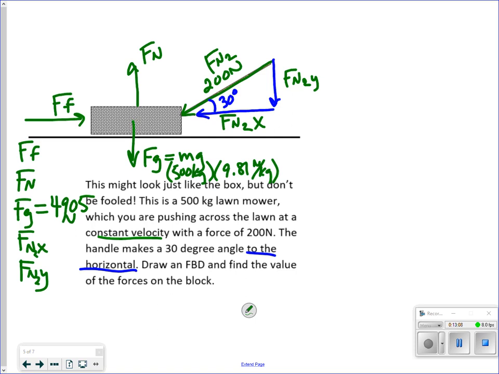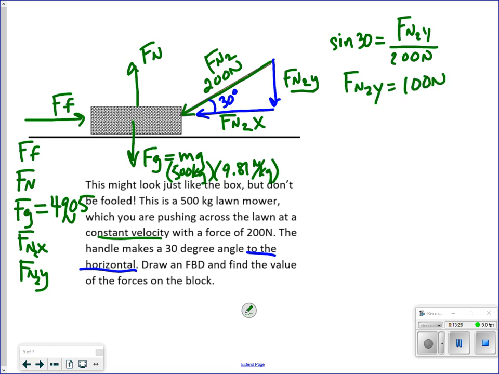All right, let's figure out our triangle, because that's the next thing we can figure out, right? So again, SOHCAHTOA, this one's going to be my sine function. So sine of 30 equals opposite over hypotenuse. Luckily, I know the sine of 30 is a half, so I don't have to actually punch the calculator for that one. Yay! All right, so that one's 100 newtons.